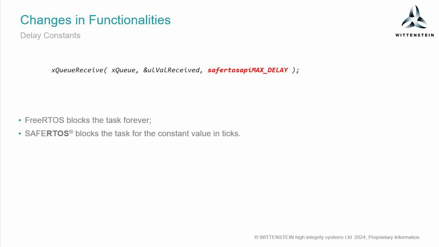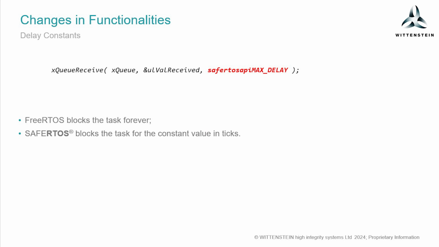Some of the minor differences are, for example, in delaying. In SAFERTOS, we have this SAFERTOS API max delay, a slightly different name to what it is in FreeRTOS. In FreeRTOS, if you put this max delay in for a block time in an API call, that would mean block forever.